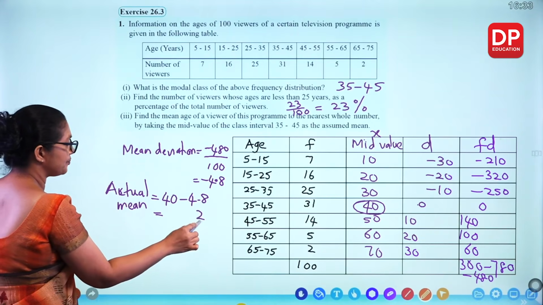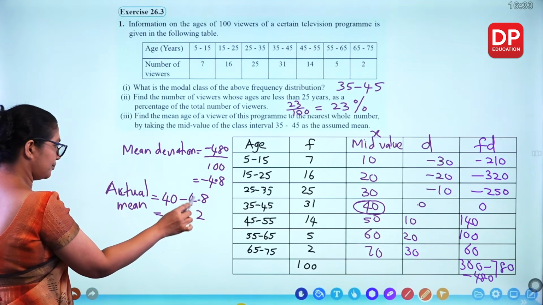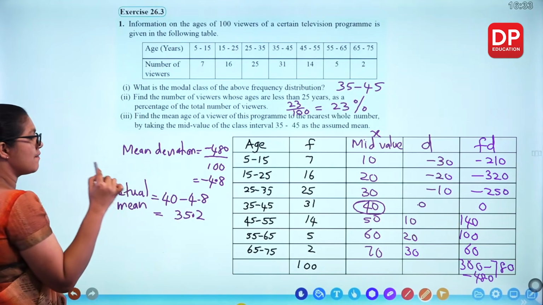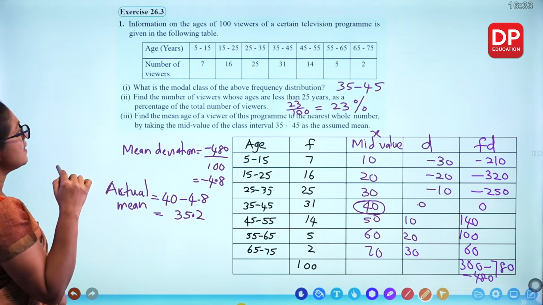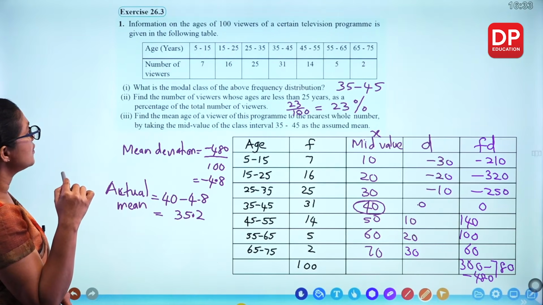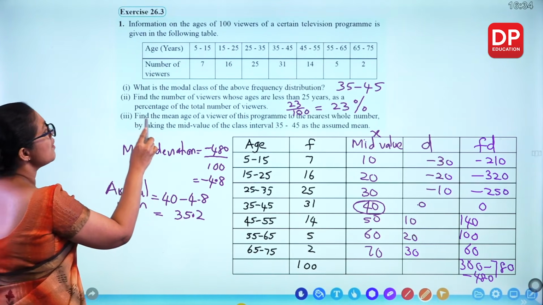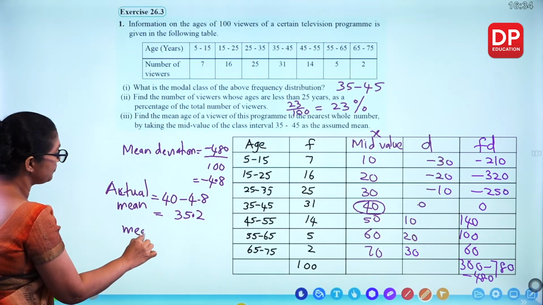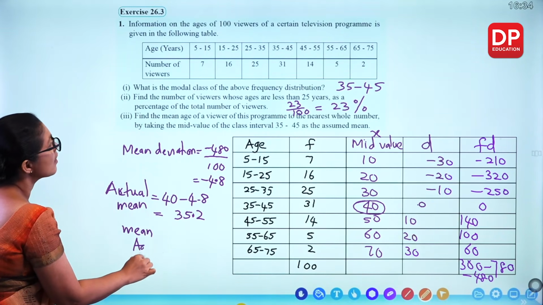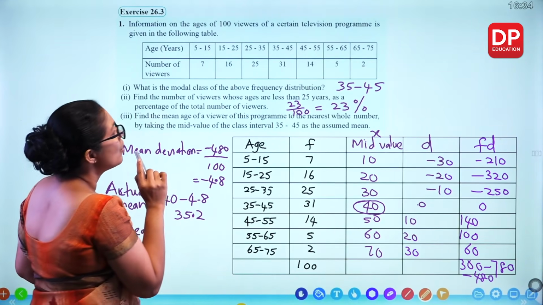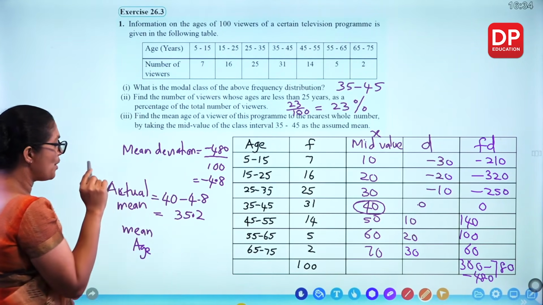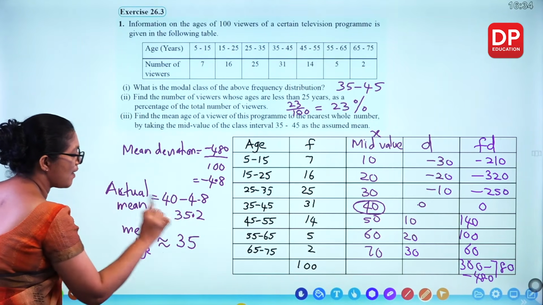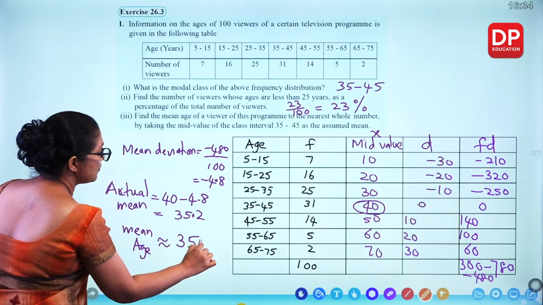We get 35.2 as the actual mean value. So what's the answer for this one? Find the mean age. So mean age, correct to the nearest whole number, 35 years.